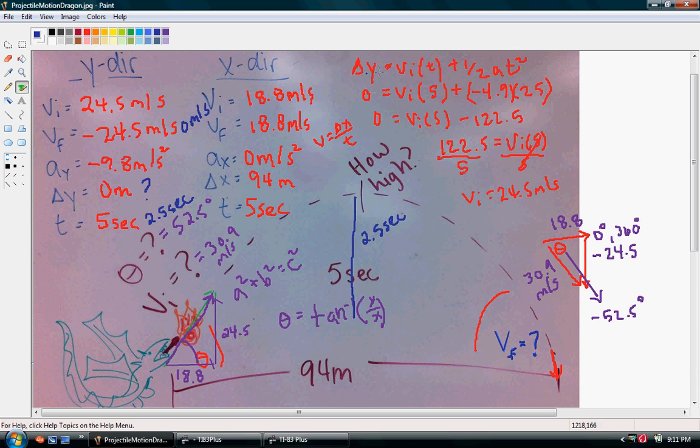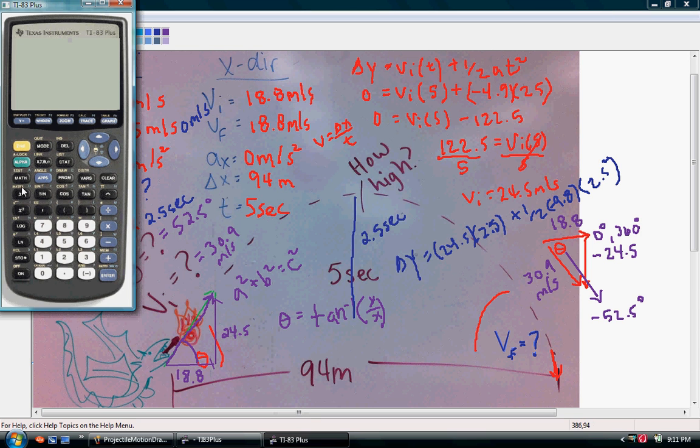So we can go ahead and use this same kinematic equation. So how high it went would be delta y equals our initial velocity, which is 24.5, times time, which is 2.5 now, because we halved it, plus half of our acceleration, which is negative 9.8, times 2.5 squared.